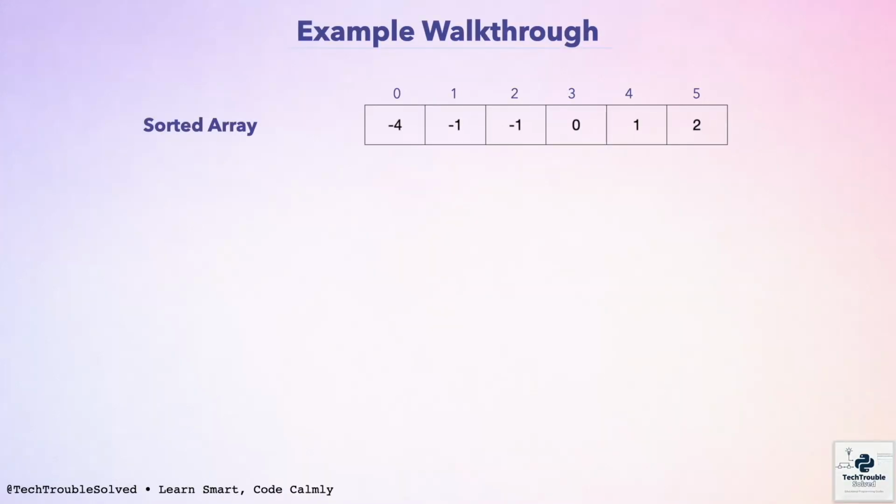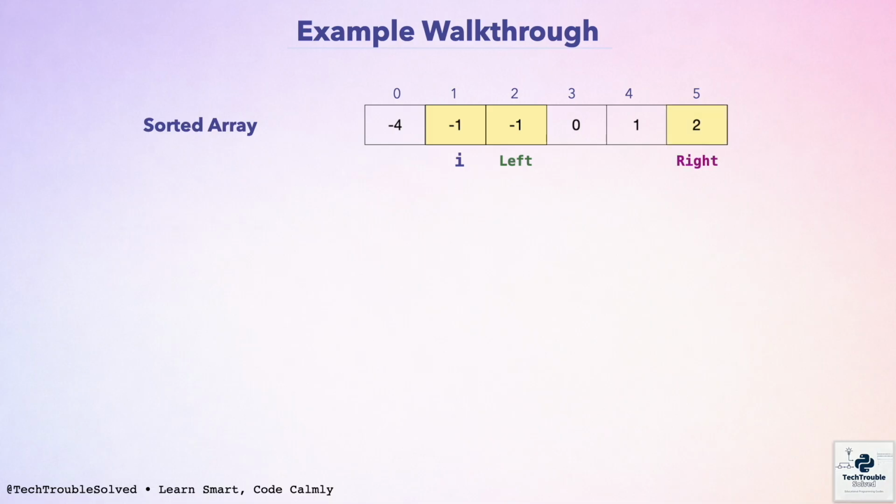Our sorted array is -4, -1, -1, 0, 1, 2. Assume the current index i is pointing to -1 at index 1. We now place our two pointers, left at the position next to i, that is index 2, and right at the end of the array, index 5.